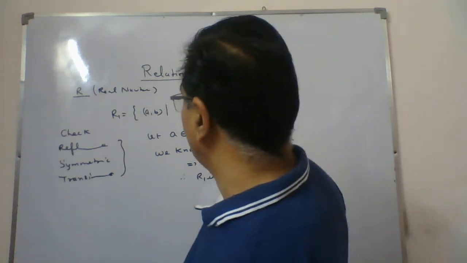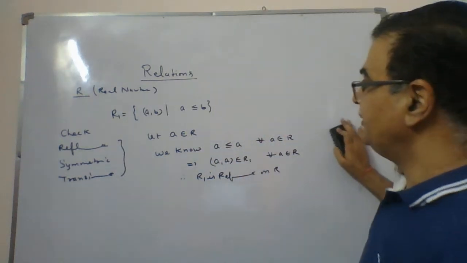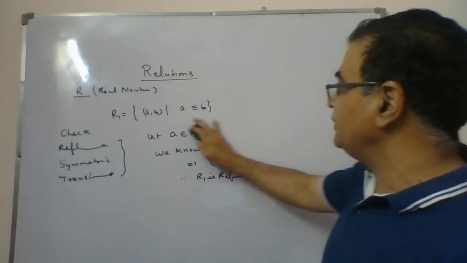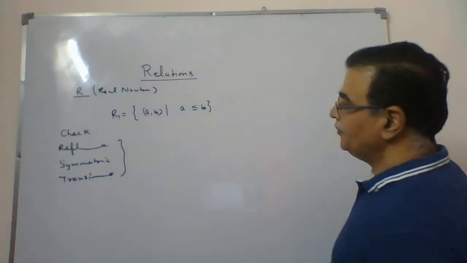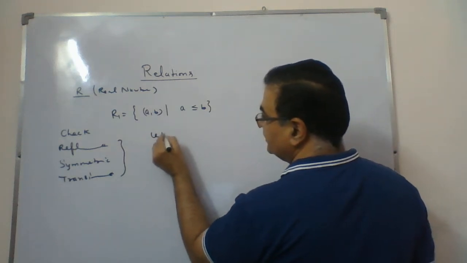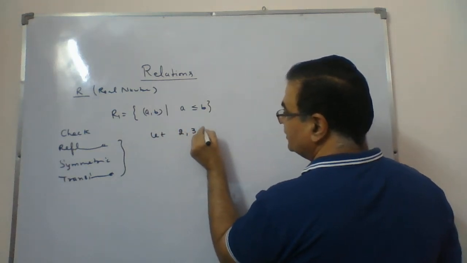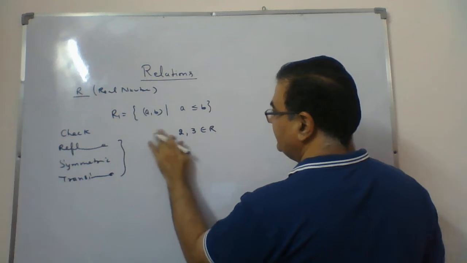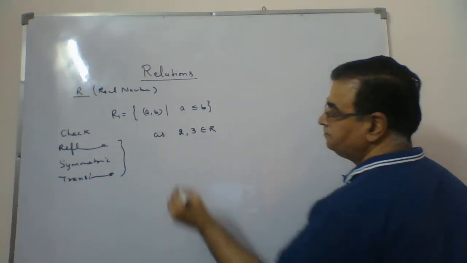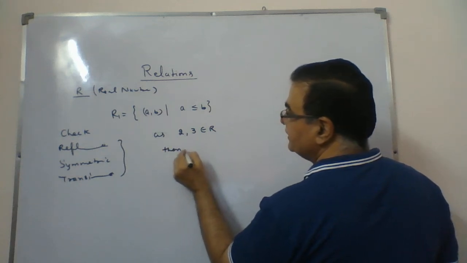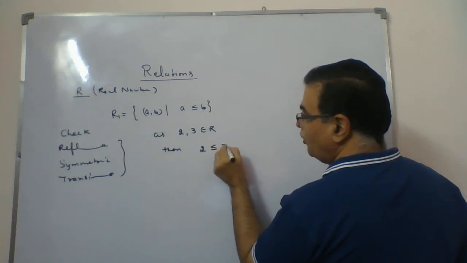Now coming to symmetry. Symmetry says if A is less than or equal to B, then B is less than or equal to A, or not. Just check here. So we will take two elements, simply let 2 and 3 belong to real numbers. Then the first thing is clear that 2 is less than or equal to 3.